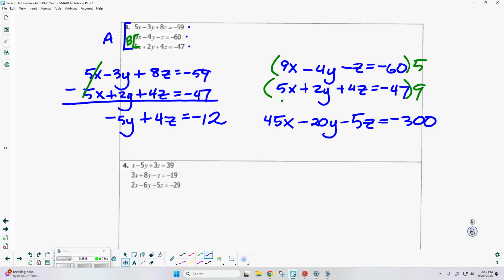Now we're going to multiply the second one by 9. That's going to give me the 45x we're looking for. Plus how many y's? 18 y's. Plus how many z's? 36z. Now I need a 47 times 9. Negative 423.